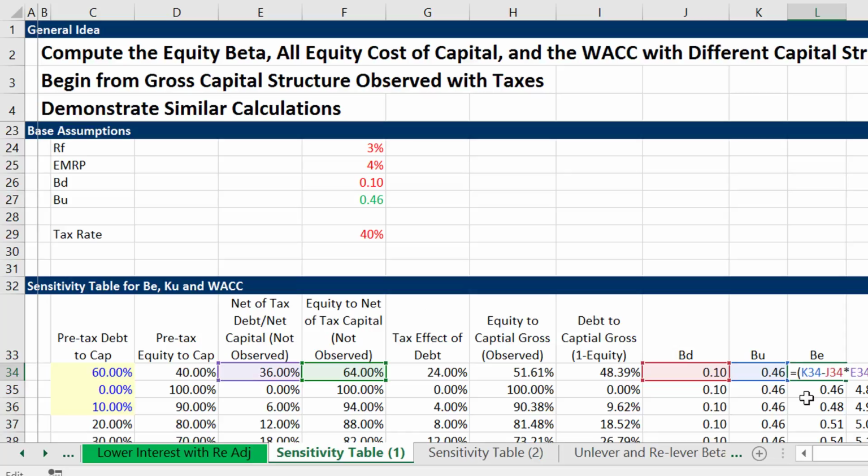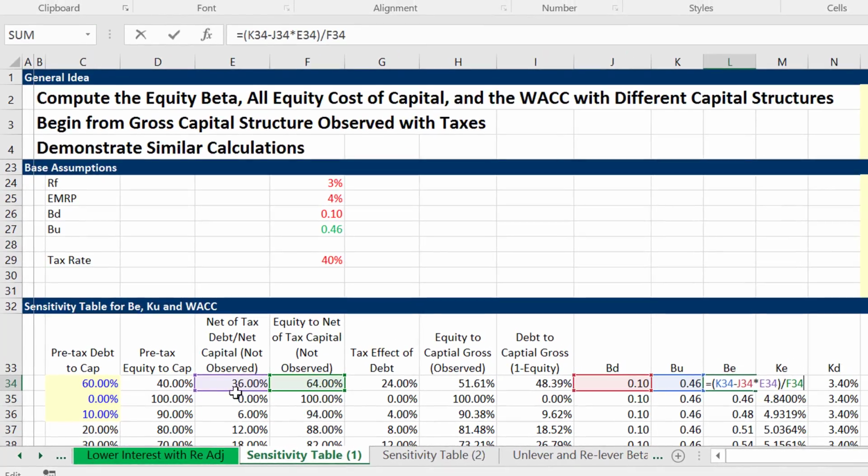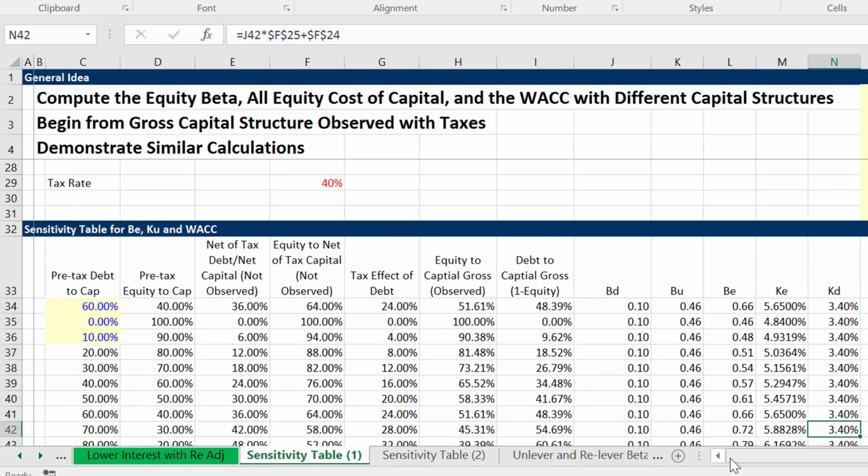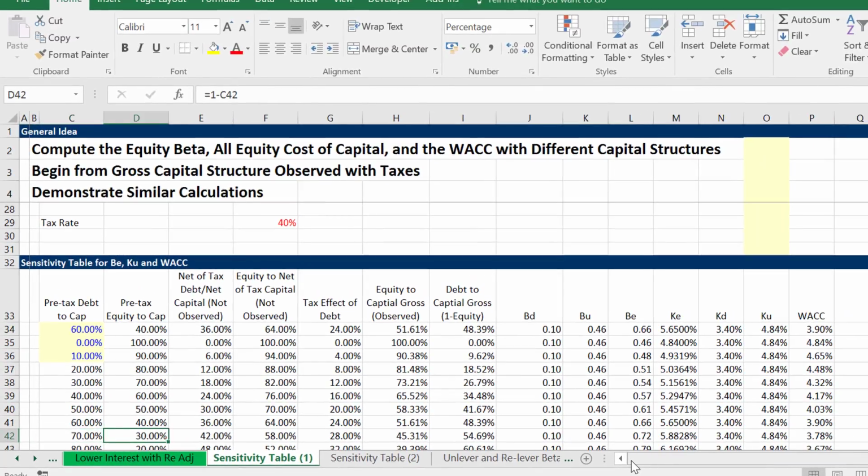So we take the beta on the unlevered minus the beta on the debt times the debt to capital net, and then we get the cost of equity. We get the beta on the equity times the equity market premium plus RF and all that stuff. And then we can get the cost of equity. I did this with different capital structures and prove that they always give the same thing.